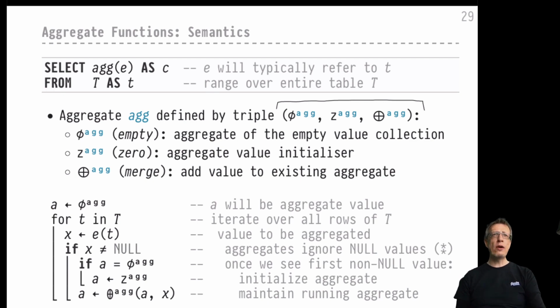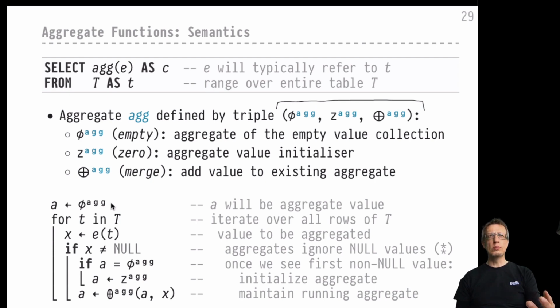If more values arrive, we will use merge repeatedly to further merge more values into the aggregate state to arrive at the final result then. So if you prefer to read pseudocode, then that would be the pseudocode expression of what we have just described. We start out with an aggregate value A that is initialized by the empty aggregate value.